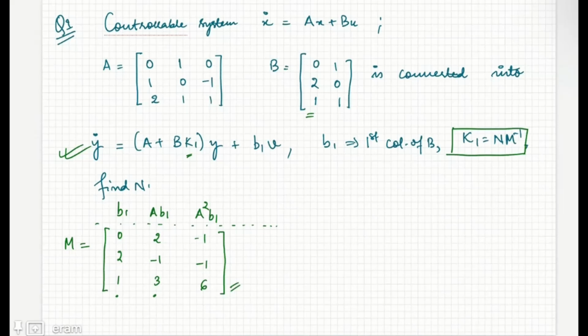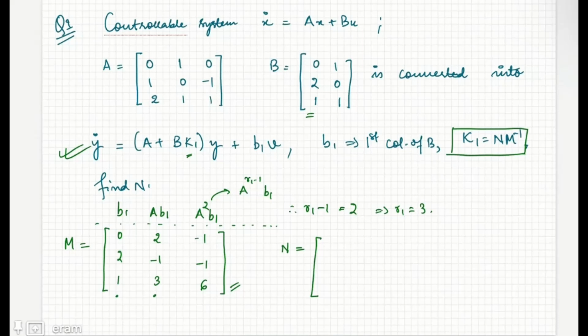Now based on this matrix M, we have to construct our matrix N. From here we can see that the general form is A to the power r1 minus 1 B1. So r1 minus 1 is 2 in our case, so r1 is 3. That means the 0, 1 thing will come on the third column. Now what should be the size of N?